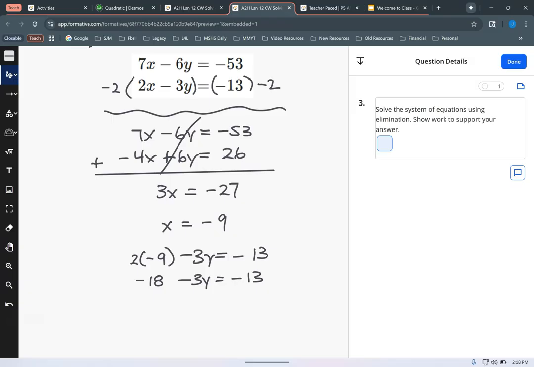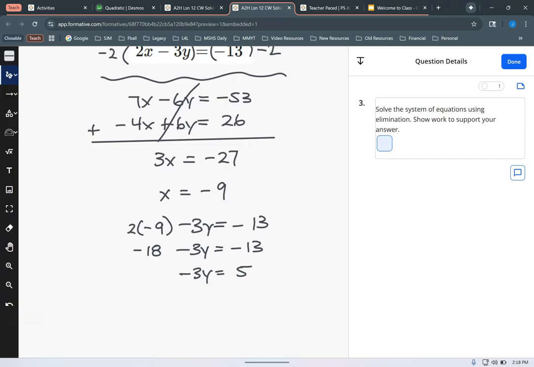I'm going to add 18 to both sides. So I'm going to get negative 3y is equal to, what's that, positive 5? Yeah. Divide off negative 3. Did I do my math right? Yeah, I did do my math right, huh? So what's y equal to?